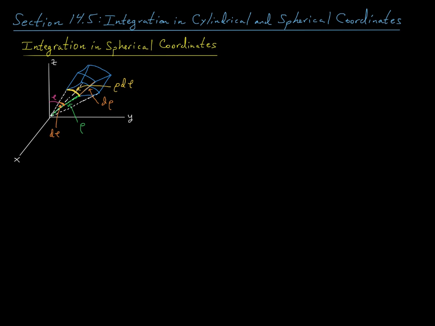As we rotate forward d phi amount, just a small change in phi, we're going to trace out this circular arc here, which forms this edge of our box. And to measure the length of this yellow circular arc, the radius of the circle is rho, that's just the green segment, and the central angle is d phi, so this yellow circular arc will have length rho times d phi.